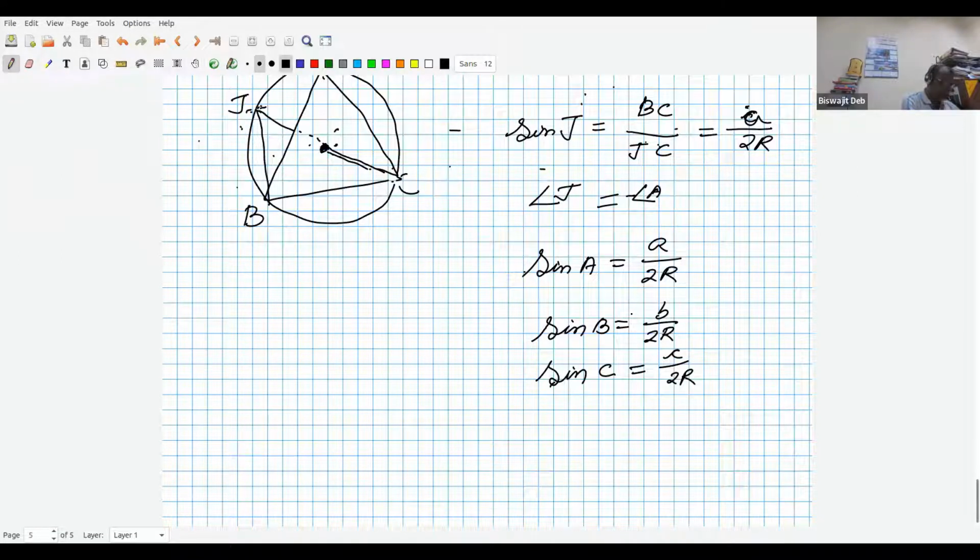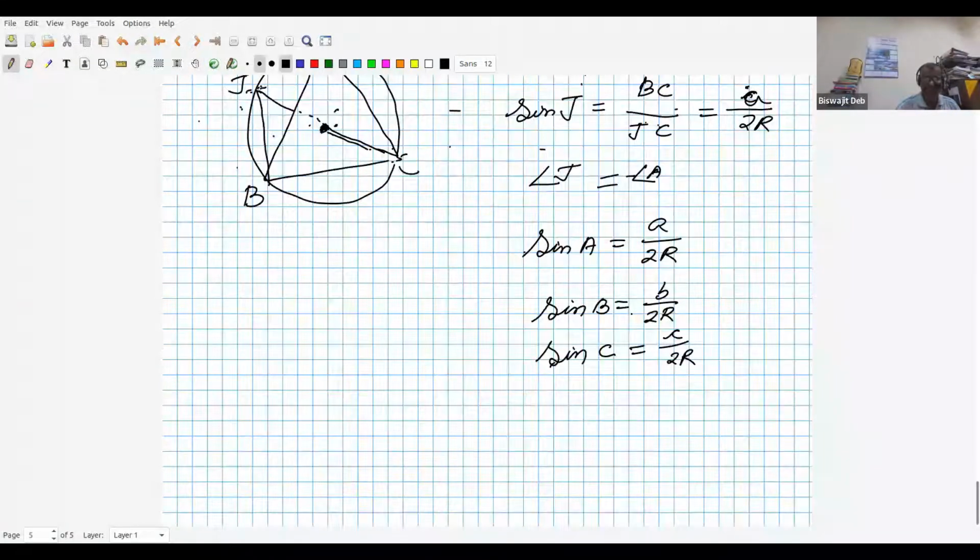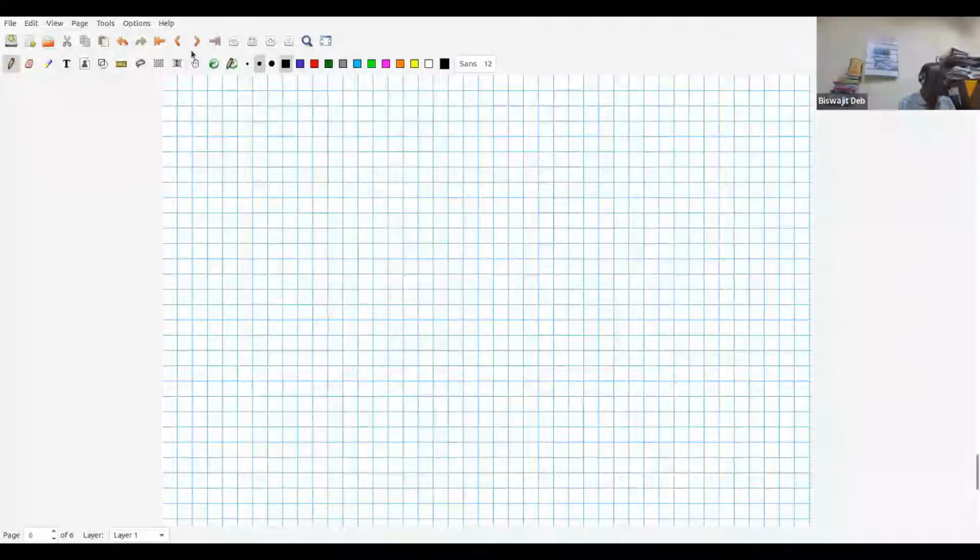Now quickly use this and let us derive some nice results in trigonometry, which you may be familiar with, and then we'll move to triangles.